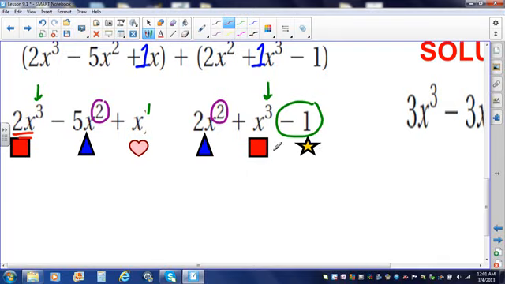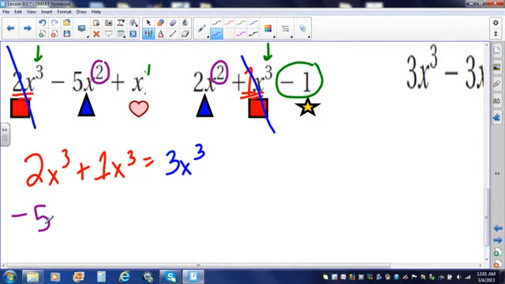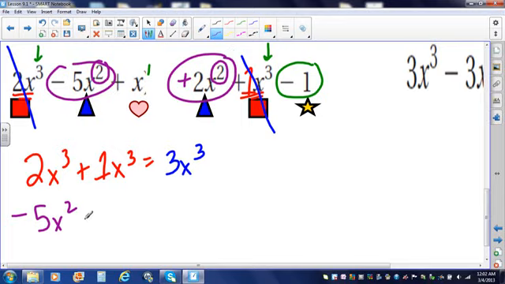So I'm going to put my 2x cubed and my 1x cubed together. When I add those, that's going to give me 3x cubed. I've used this, I've used that. Now I'm going to combine my x's that have an exponent of 2. So I have a negative 5x squared right here, and I have positive 2x squared right here.